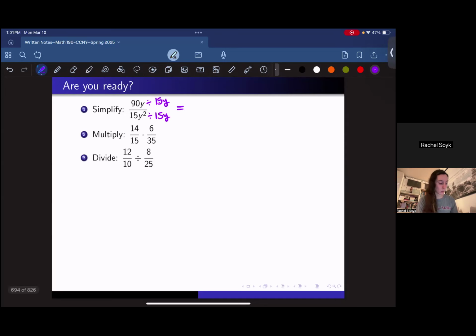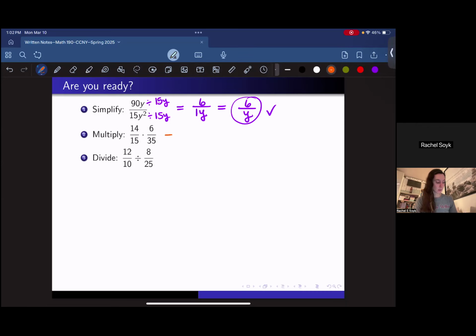And how many times does y go into y? Once. So our numerator is now 6. And then what about our denominator? 15 goes into 15 exactly one time, and y goes into y squared exactly once. So y squared divided by y is just y. 15 divided by 15 is just 1. So in simplest form, we get 6 over y as our final result.